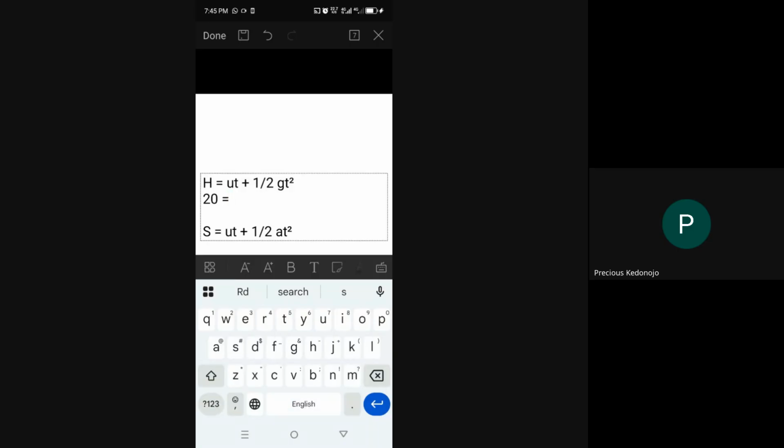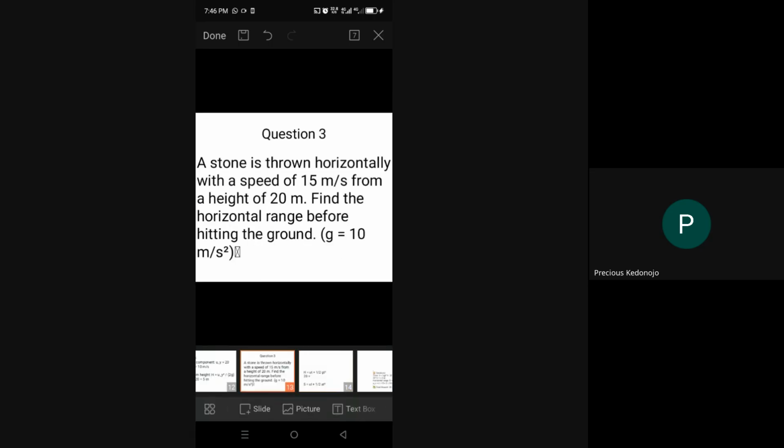Initial vertical velocity is 0. Please don't forget, since they mentioned in the question that the stone is thrown horizontally. Please note this technical point: when an object is thrown horizontally, it means the initial vertical velocity is going to be 0.